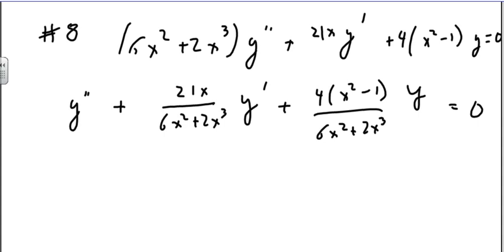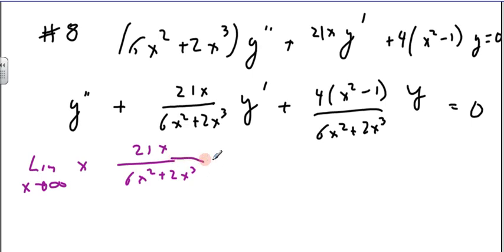Now I'm going to look at the limit as x approaches 0 of x times 21x divided by 6x squared plus 2x cubed.